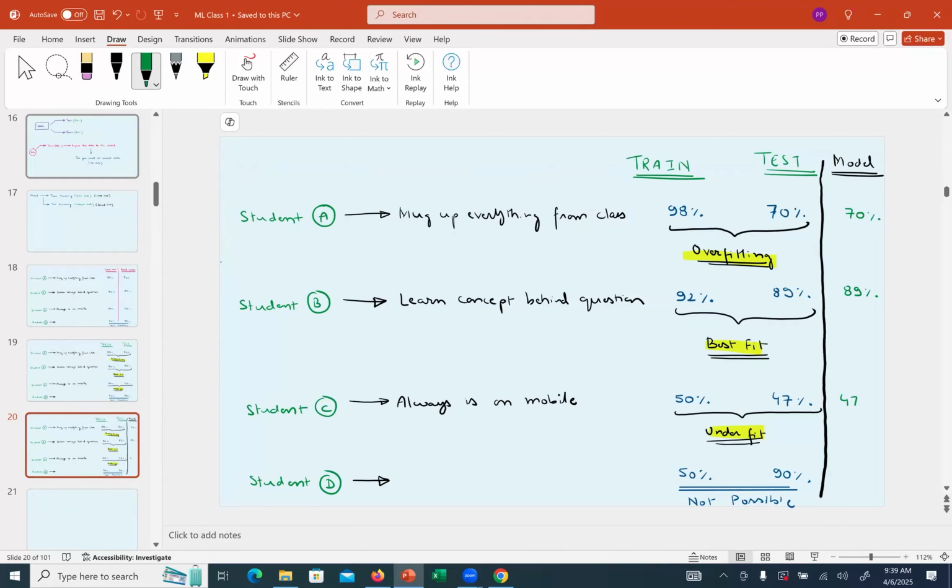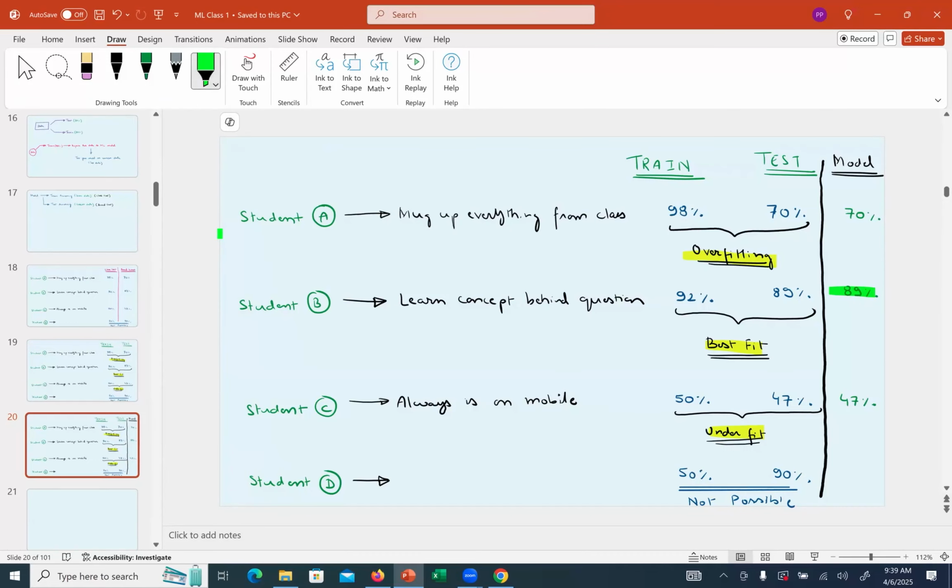Here the model accuracy is 47%. If you have this data, we can tell the model accuracy. The accuracy on the unseen data is called the model accuracy. So which is the most accurate model here? The model B, Student B.